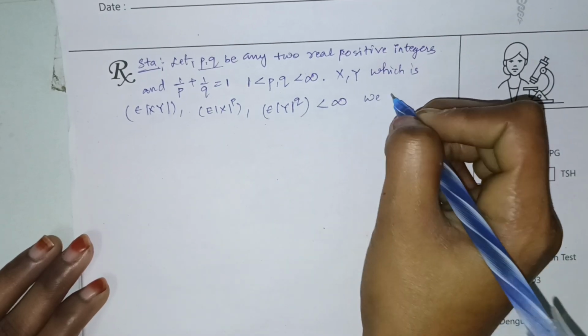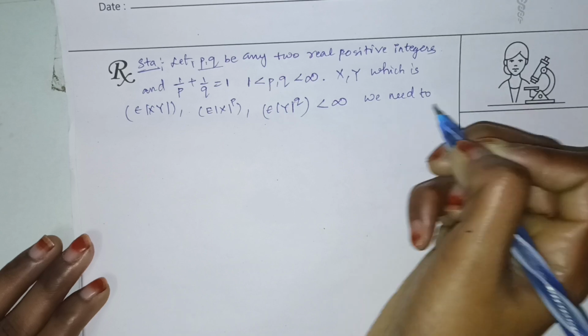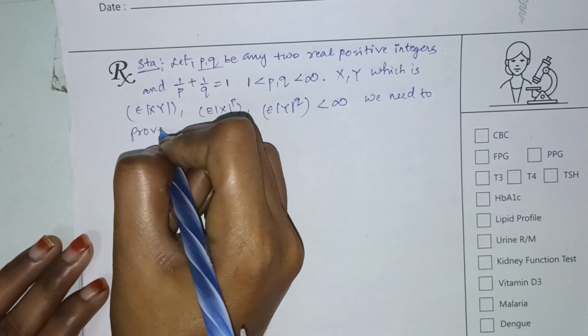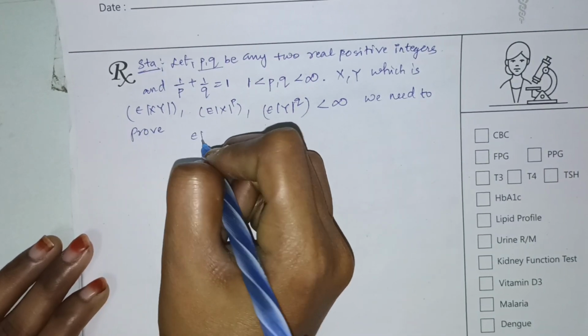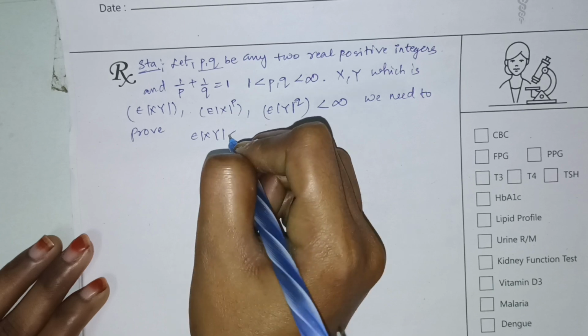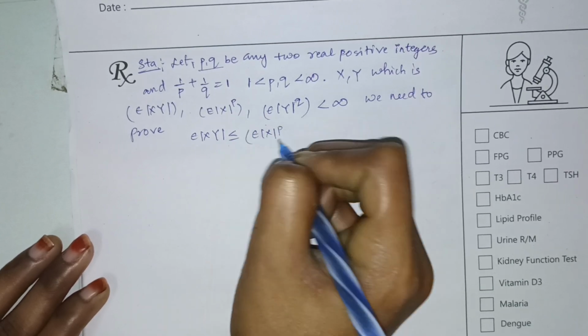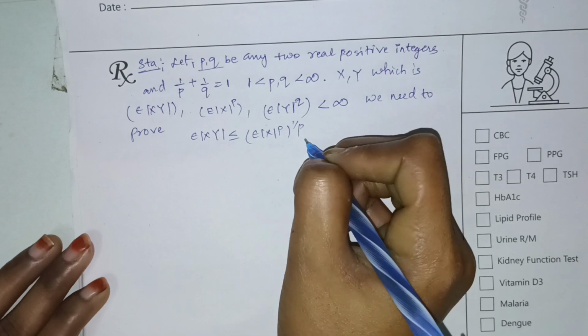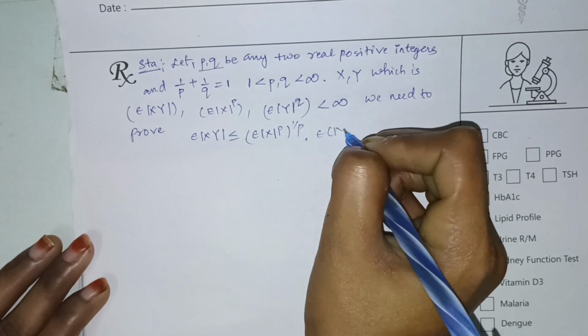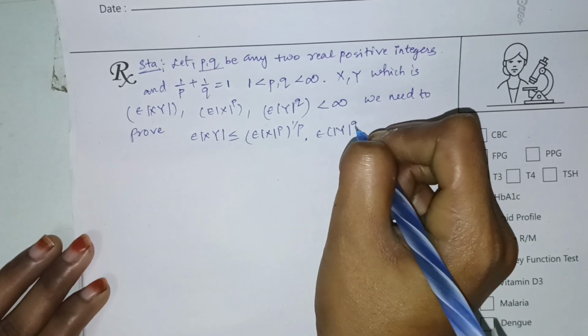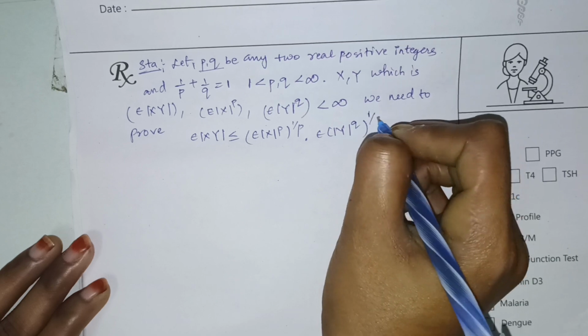So we need to prove expectation of mod XY is less than or equal to expectation of mod X to the power of p, whole to the power of 1 by p, into expectation of mod Y to the power of q, whole to the power of 1 by q.